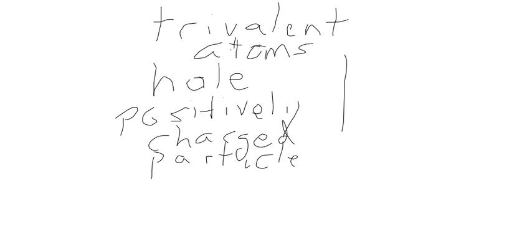So what we end up with now, N was for negative when we had N-type material. Here the majority carrier is the hole, and it acts as a positively charged particle.